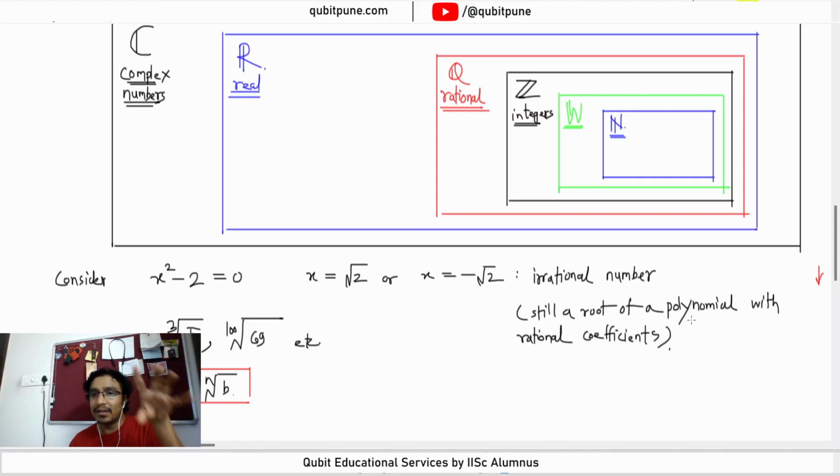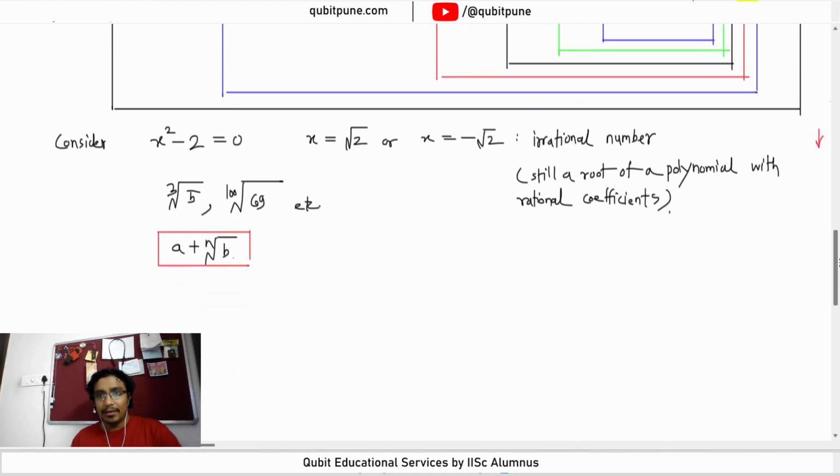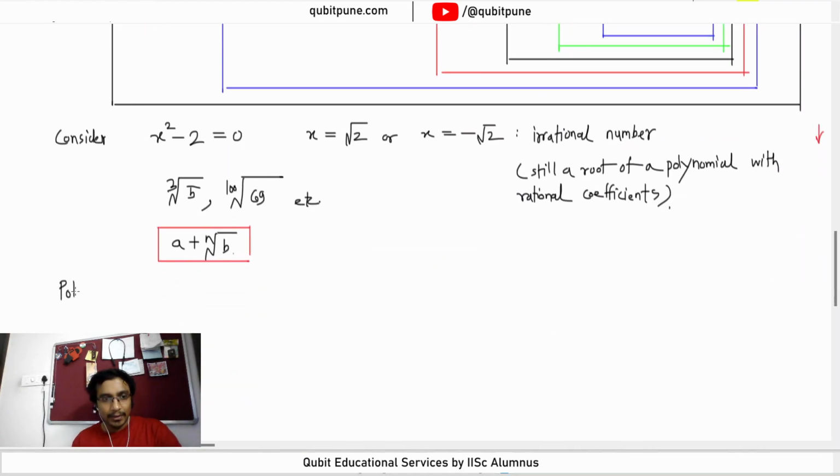Do you people understand what is a polynomial and what are rational coefficients? Yes? A polynomial in x is basically an expression of the kind a naught plus a1 x plus a2 x squared plus a3 x cubed and so on.